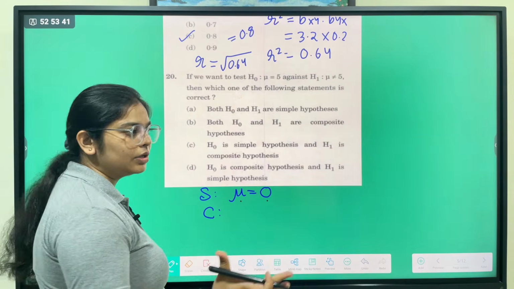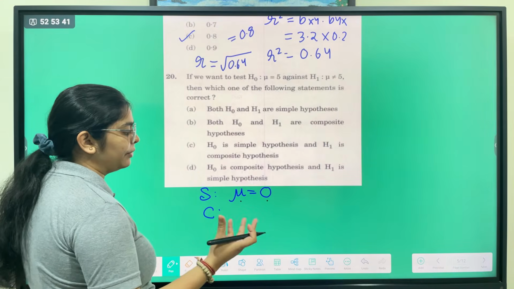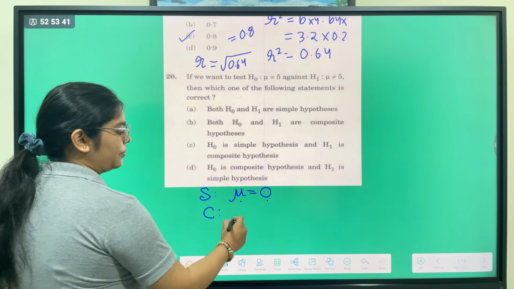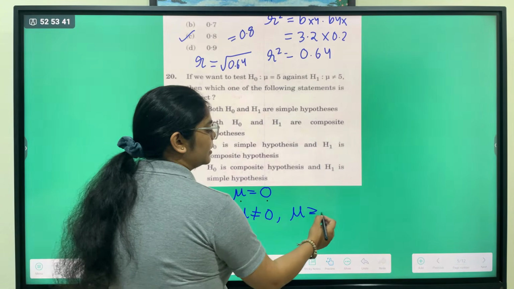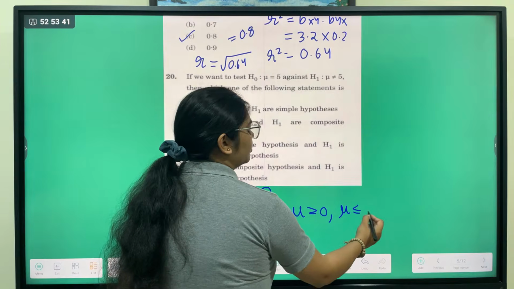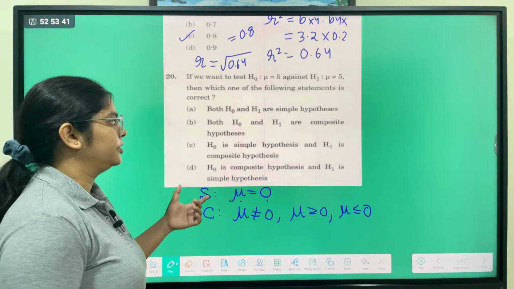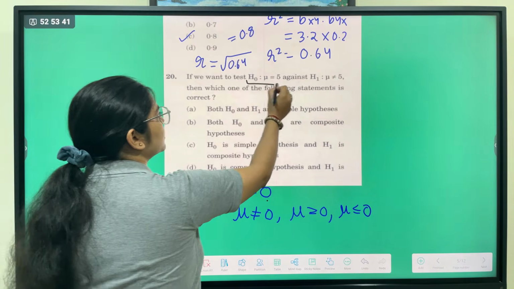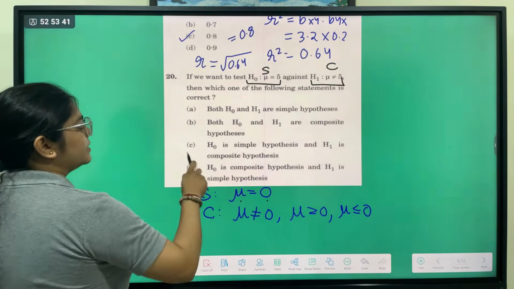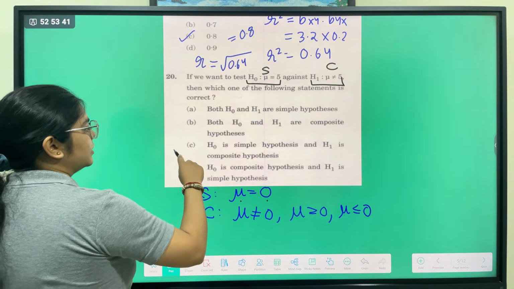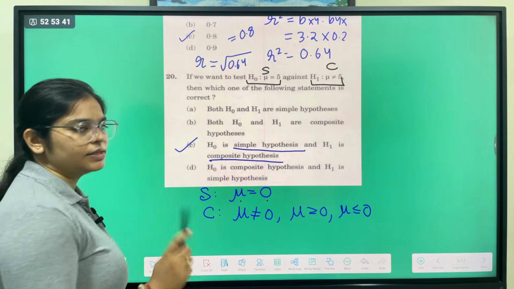Whenever we don't tell the exact value, suppose we mention mu is not equal to 0, or mu is greater than or equal to 0, or mu is less than or equal to 0, all these things are considered as a composite hypothesis. From here you can say that H0 is a simple hypothesis and H1 is a composite hypothesis. The one that matches our answer is H0 is simple hypothesis and H1 is composite hypothesis, option C.